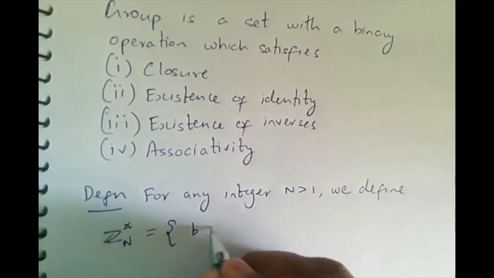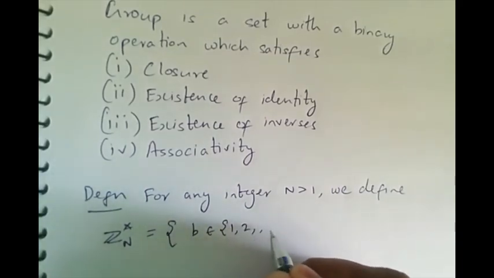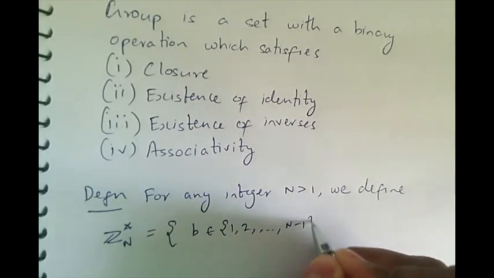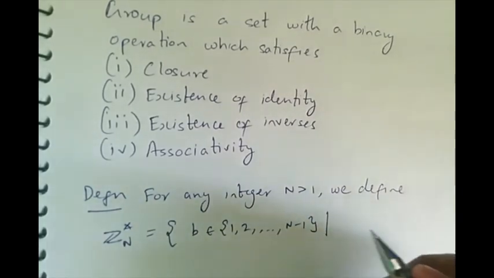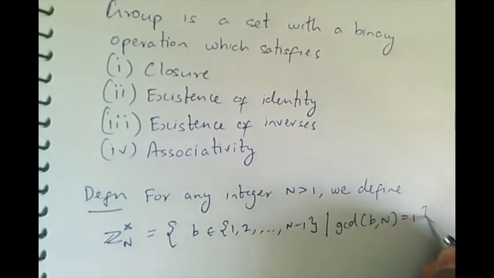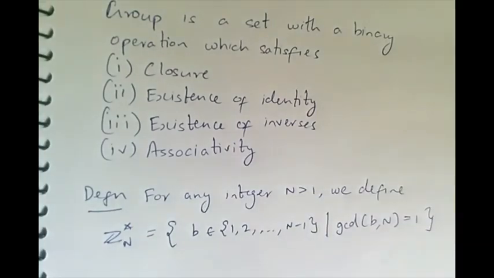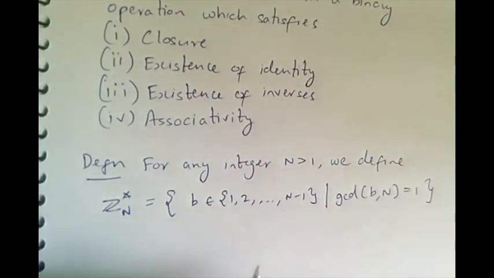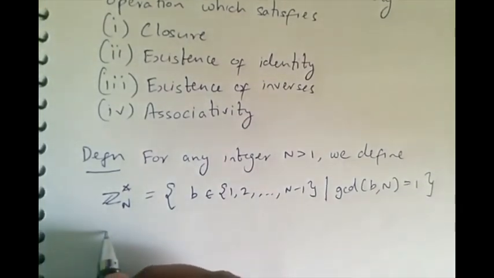It's the set of integers b in 1 to n minus 1 such that the GCD of b and n is 1. The greatest common divisor of the integer b in this range from 1 to n minus 1 and n has to be 1. So this is the set, and to define a group we need to specify the binary operation. The binary operation is going to be multiplication modulo n.